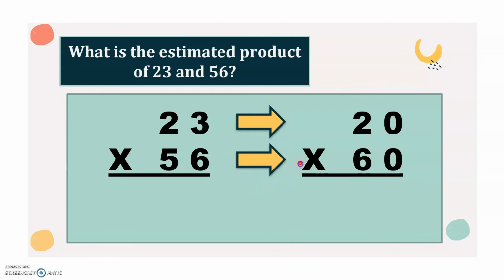And then after rounding off all the factors, we'll now proceed in multiplying the numbers. The non-zero digits here are 2 and 6. 2 times 6 is equal to 12. Then count all the zeros and add them at the end. So 1, 2. So we'll add 2 zeros. Therefore, our answer is about 1,200.